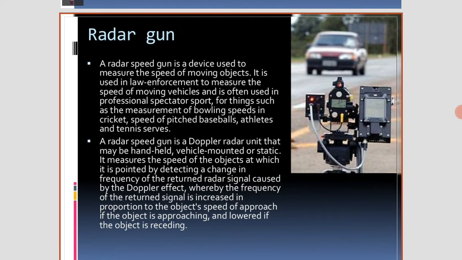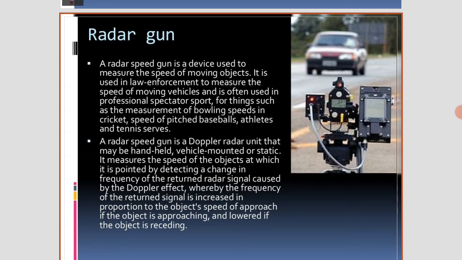A radar speed gun is a device used to measure the speed of moving objects. It is used in law enforcement to measure the speed of moving vehicles and is often used in professional spectator sport for things such as the measurement of bowling speeds in cricket, speed of pitched baseballs, and athletes' tennis serves. A radar speed gun is a Doppler radar unit that may be handheld, vehicle mounted or static.